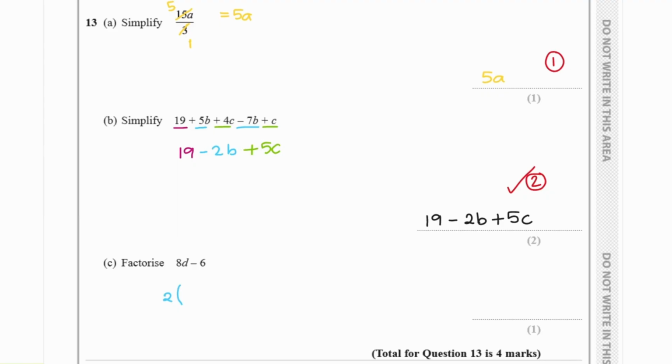And in order to make it 8d, we would have to multiply it by 4d. We then need to check what we need to do to 2 in order to make it minus 6. And in order to make that minus 6, we would have to multiply that by minus 3. So our factorized answer for this question is 2 brackets 4d minus 3, and this is worth 1 mark.